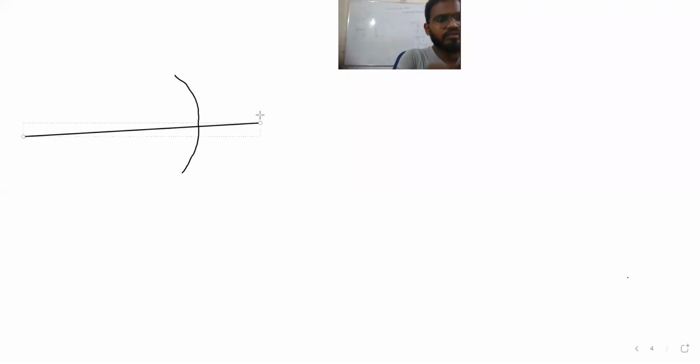Now we are going to see if the object is at F. Again, pole, focus, center of curvature.